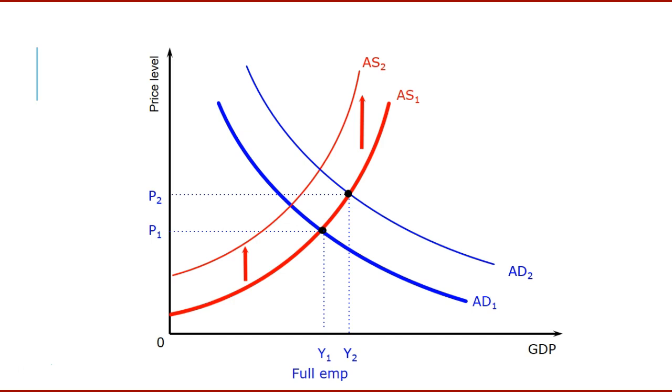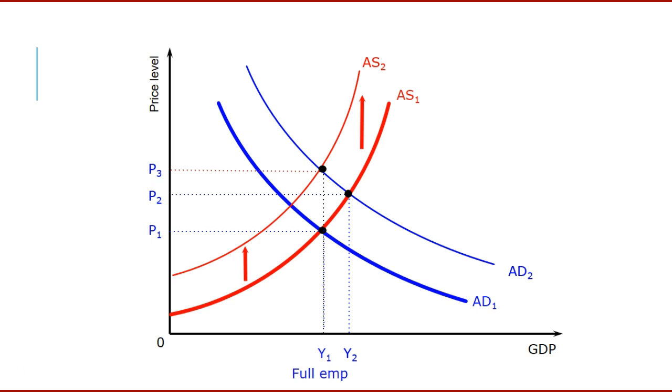And that will keep happening while ever the economy is operating beyond the full employment level. So wages keep going up, aggregate supply keeps shifting upwards until we are back to the full employment level of real GDP here.